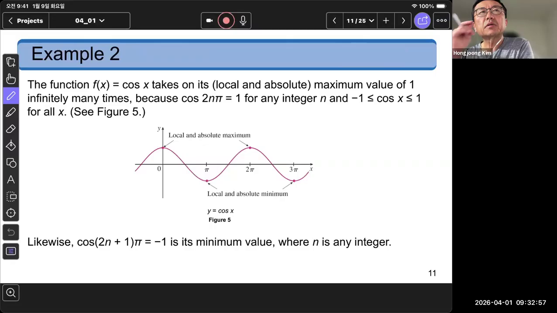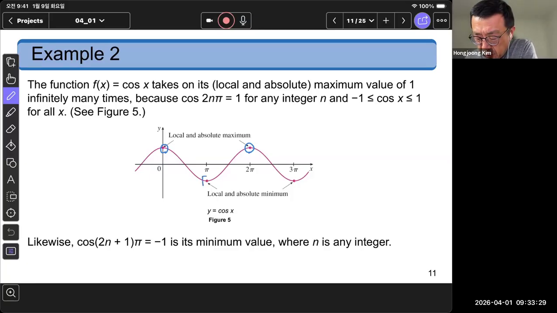Now, let us consider example 2, where in figure 5 we have the curve of cosine x. As we know, the largest value that cosine x can take is 1, and the smallest value is negative 1. So these values of 1 are the absolute maximum, and also the global maximum.